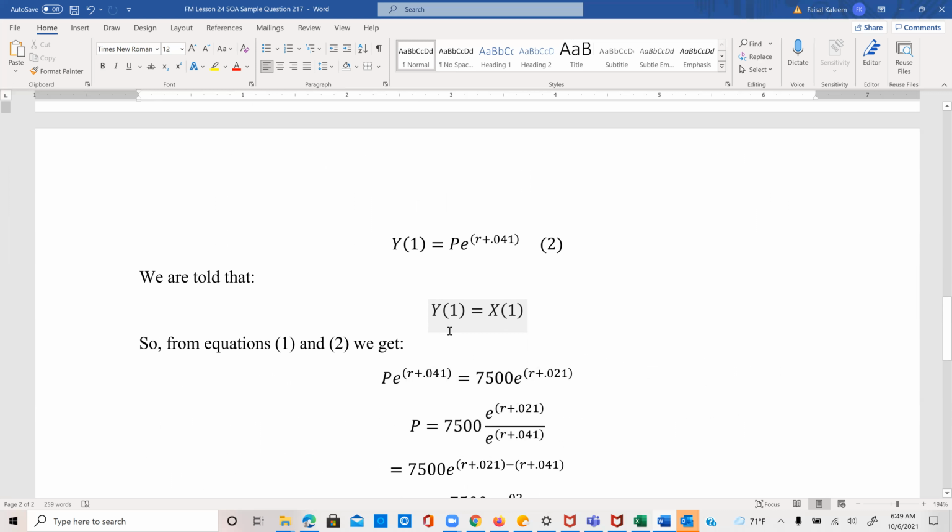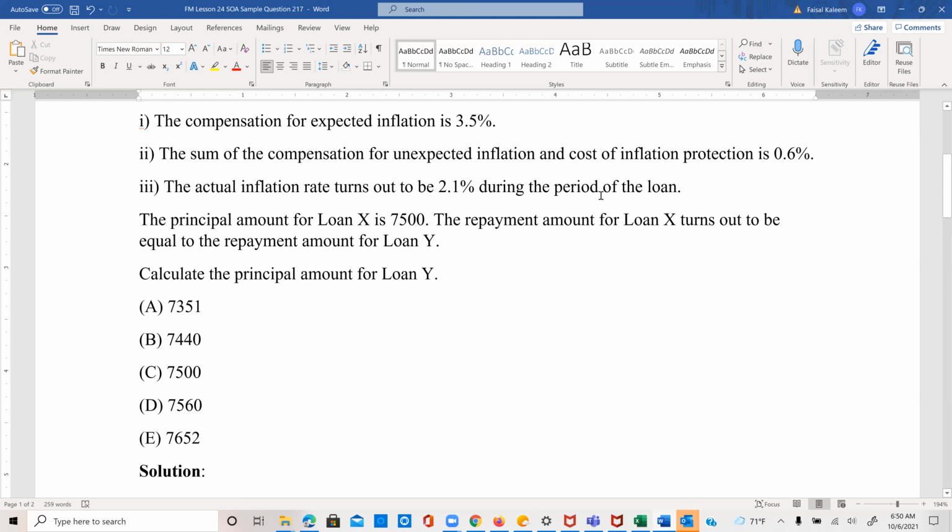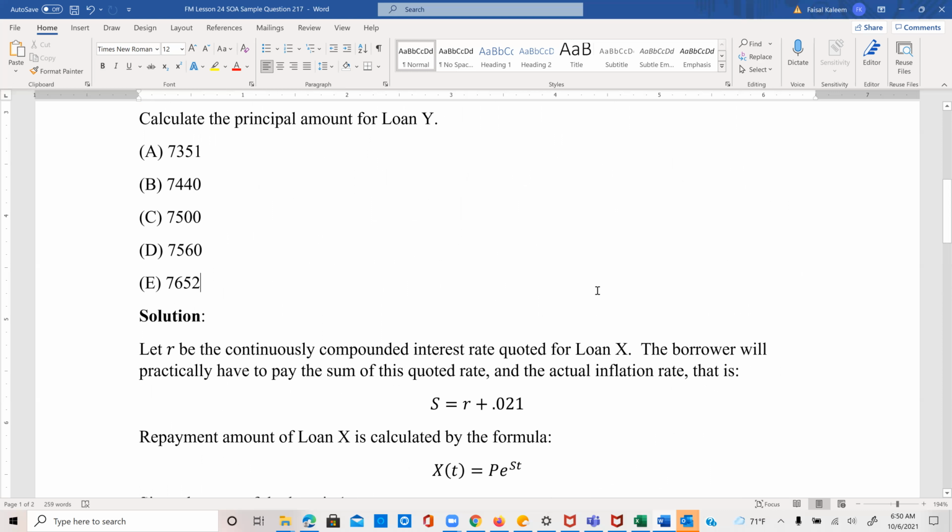And we are told that Y(1) equals X(1) because they said the repayment amount for loan X turns out to be the repayment amount for loan Y, and the repayment is happening after 1 year.